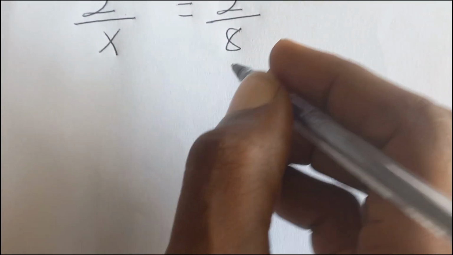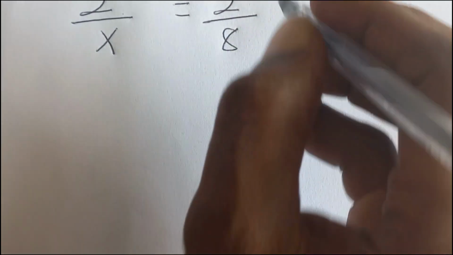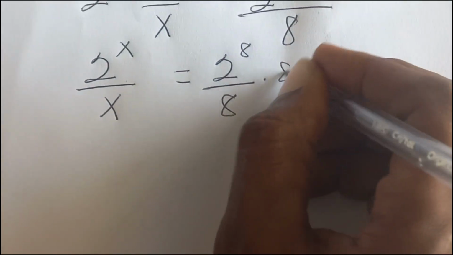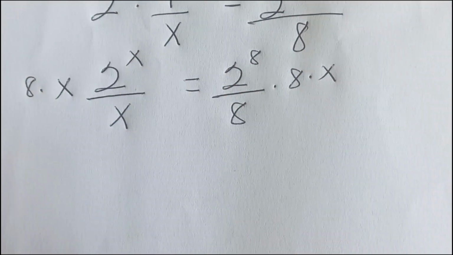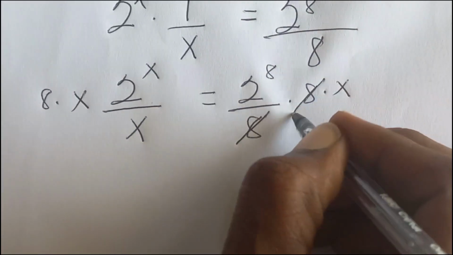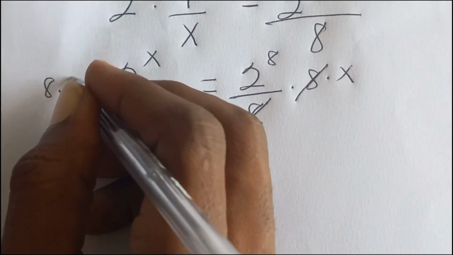So in this case, we multiply both sides by 8 and x, okay? So you can see that 8 will cancel 8 here, then x will cancel x here.